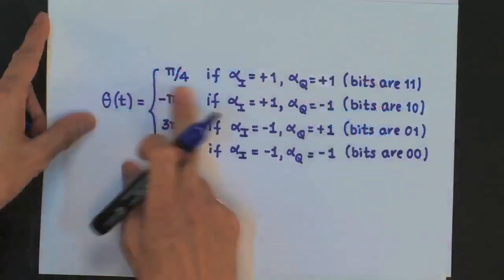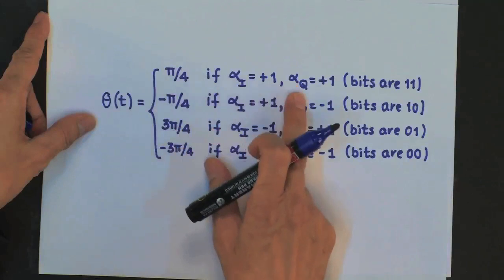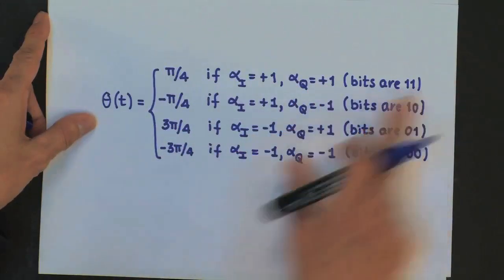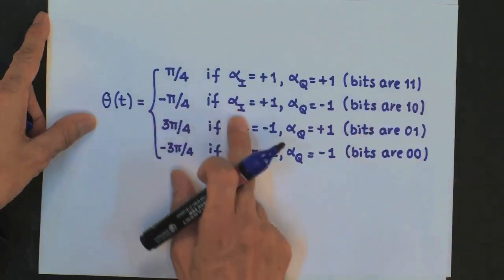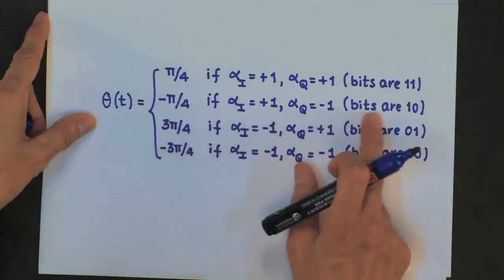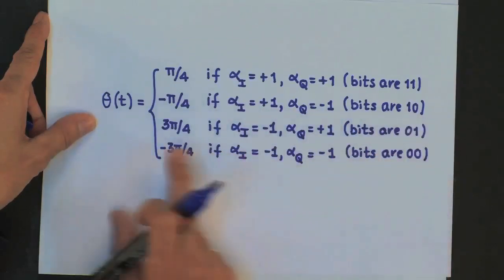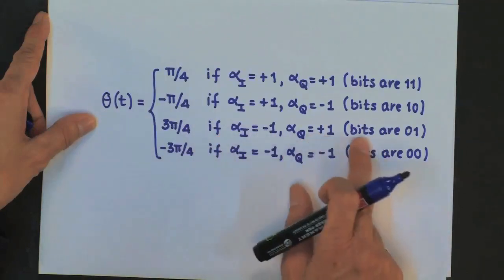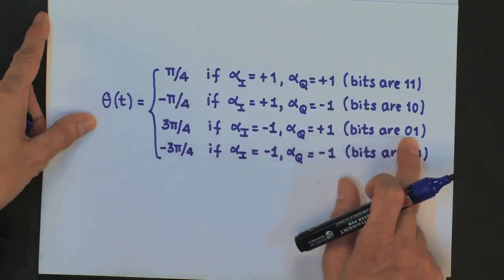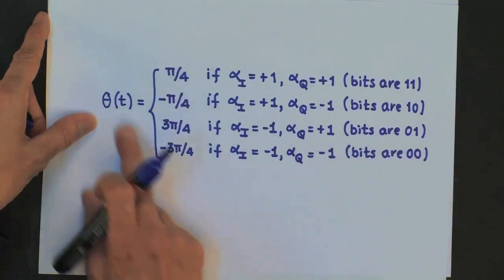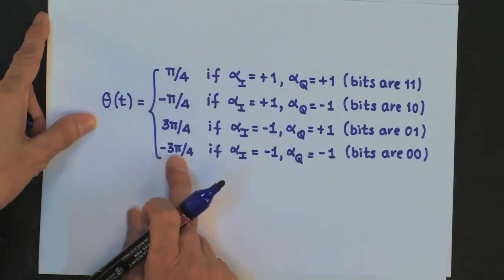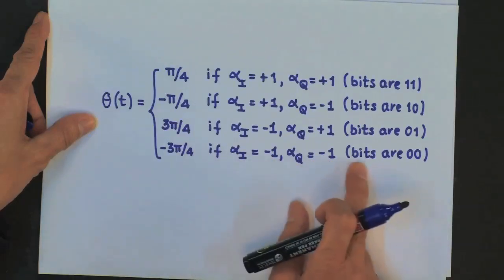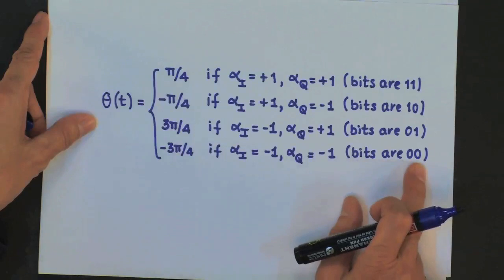It is equal to pi by 4 if alpha i is equal to plus 1, alpha q is equal to plus 1, and that corresponds to bits 1 1; minus pi by 4 if alpha i is 1, alpha q is minus 1, which corresponds to bits 1 0; 3 pi by 4 if alpha i is equal to minus 1, alpha q is plus 1, corresponding to bits 0 1; and finally theta t is equal to minus 3 pi by 4 if alpha i is equal to minus 1, alpha q is equal to minus 1, and bits are 0 0.